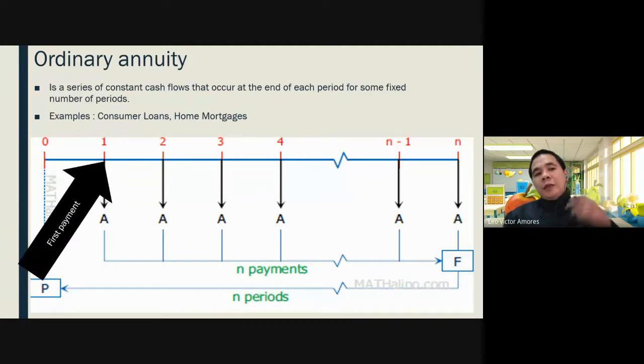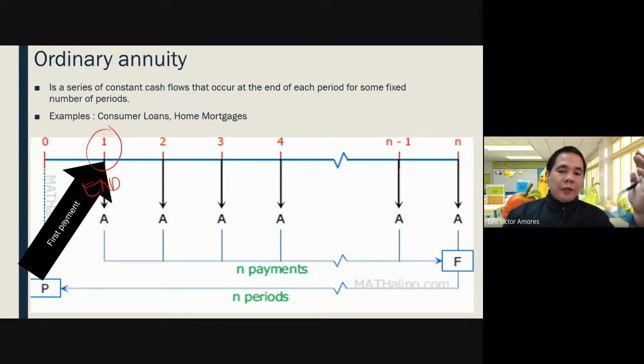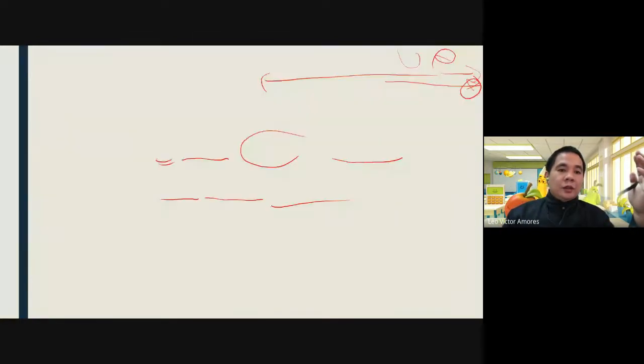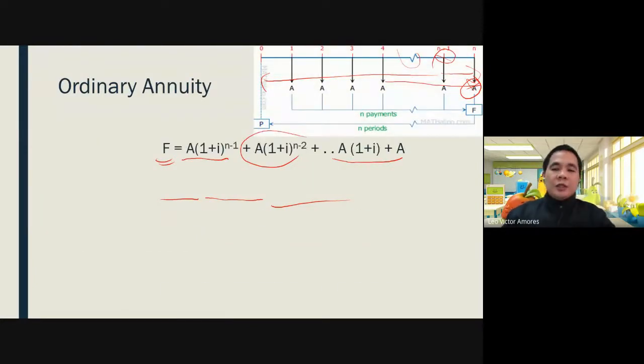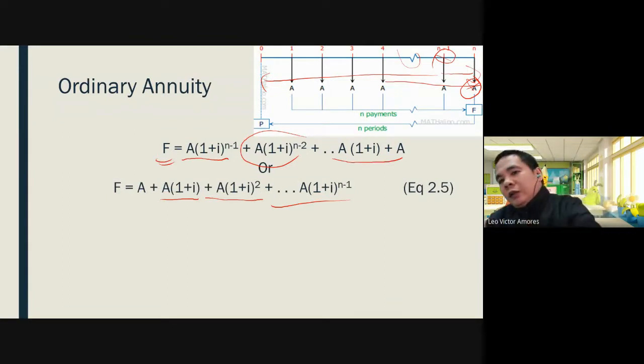So, ordinary annuity, the first payment occurs at the end of year 1. Okay? Example, by formula, let us derive the formula. If you look at the future value F, the formula for F is equal to P(1 + i)^n.